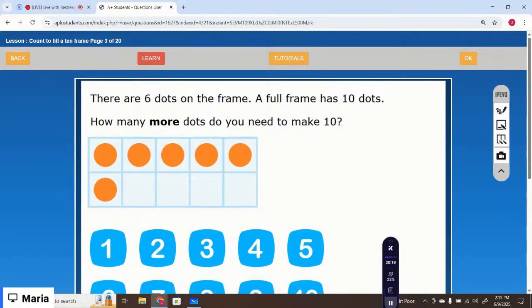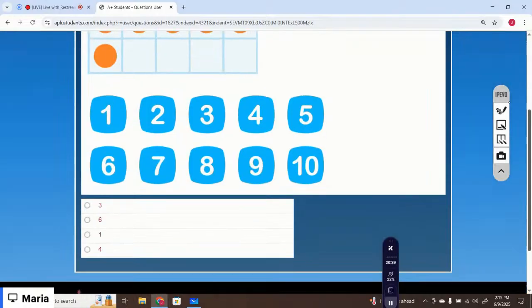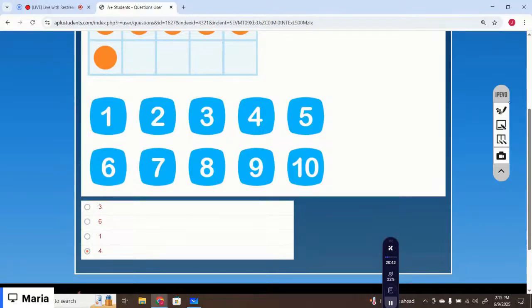You need four more doors to make it 10. The correct option is four, right?